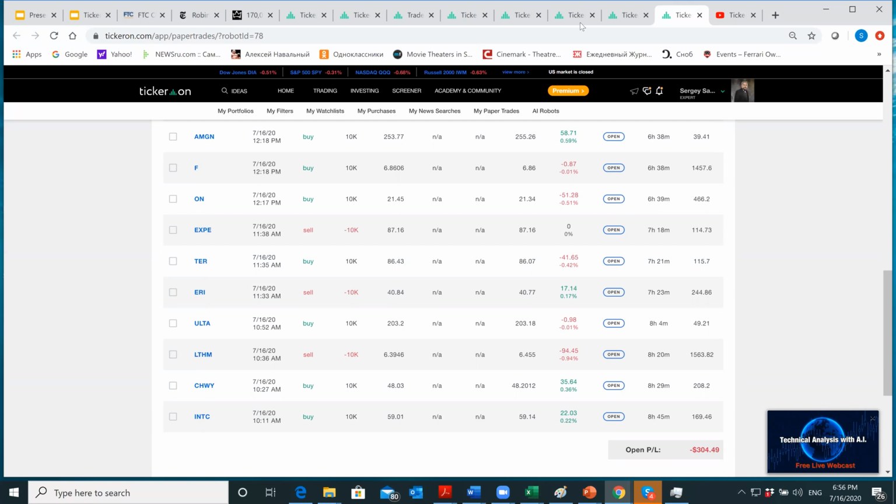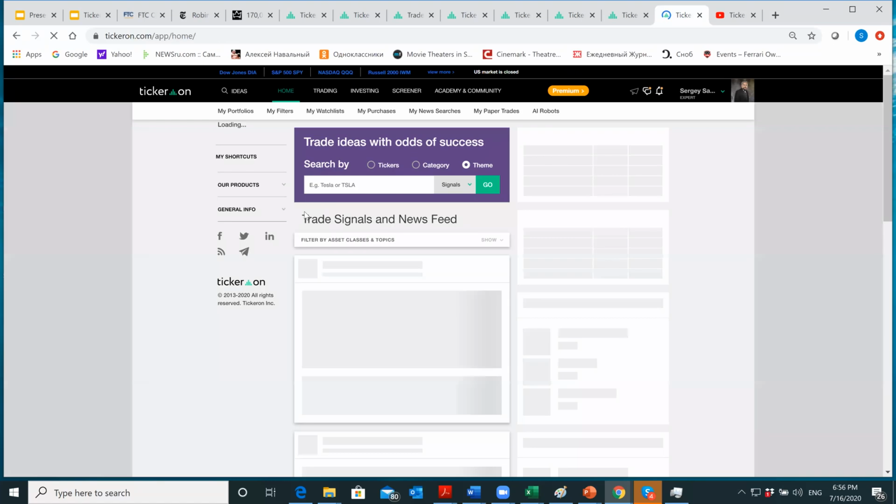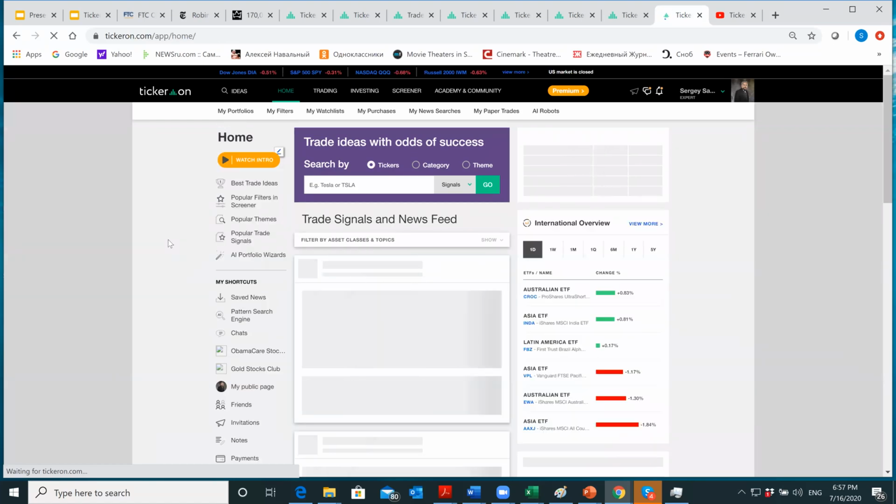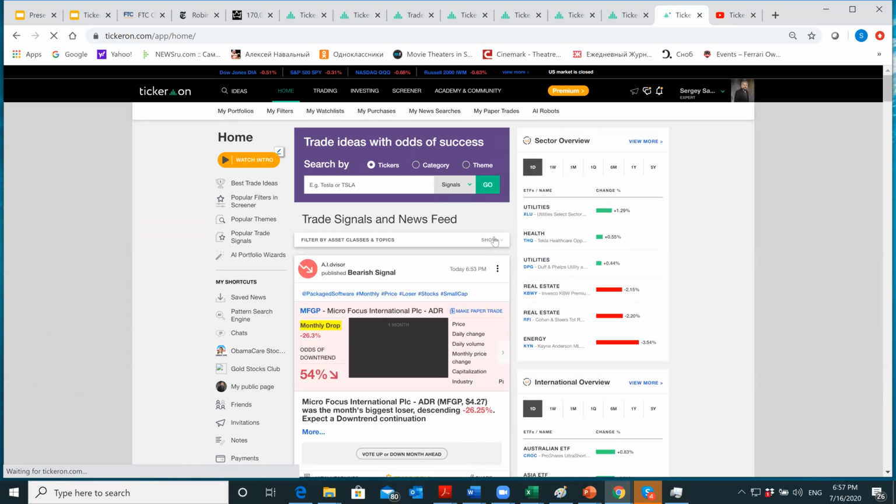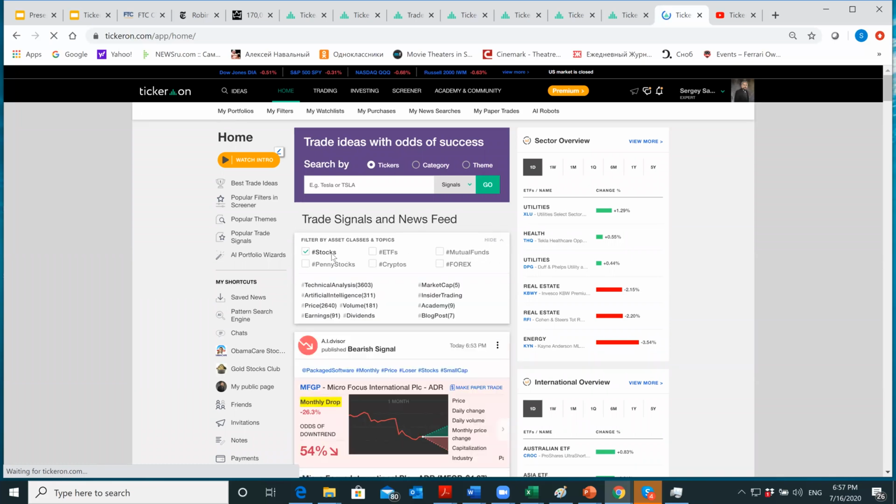Does your website work with cryptocurrencies? Yes. In order to look at the cryptocurrencies, you go to home. Then you do the following. If you want to get just free signals, you click here, and as you can see, you can have that feed either together or just crypto.